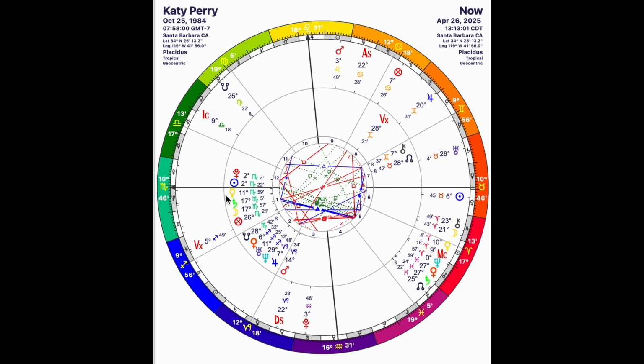So now it's making a harsh aspect, and this is the Pluto square right now for people who have Pluto in Libra, Scorpio. I think it gets different, but Libra and Scorpio, it's a midlife transit. The Pluto square, because Pluto's orbit is more of an oval and less of a circle, happens to different people at different ages.